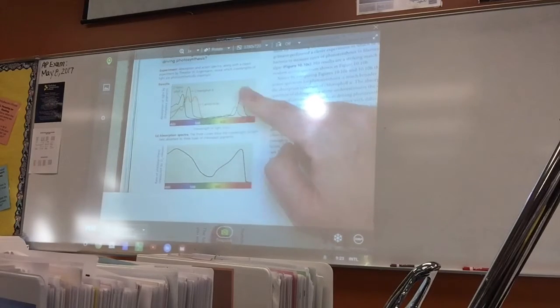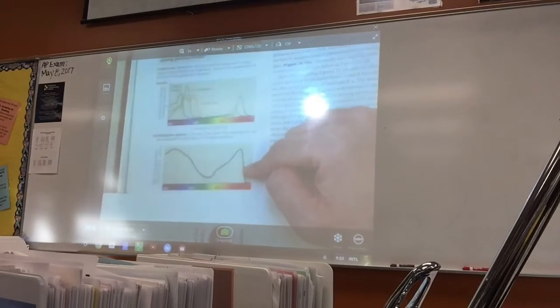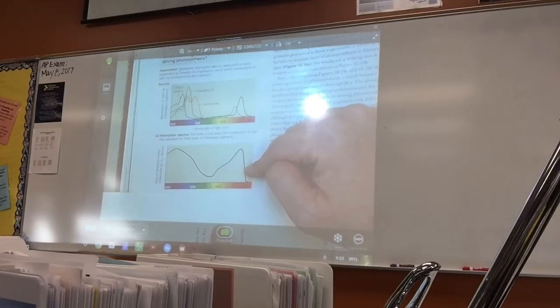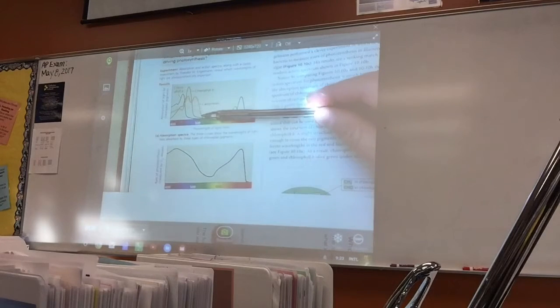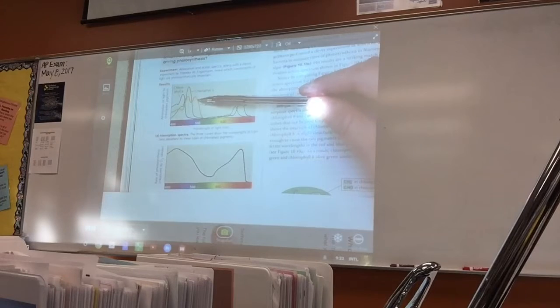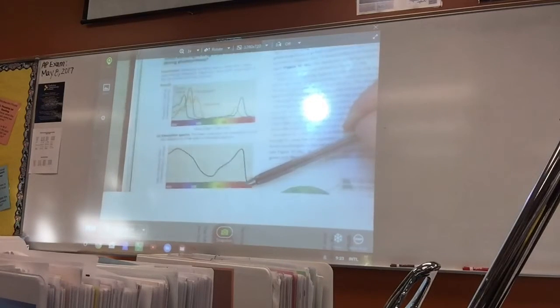How do these two graphs relate to one another? Michael? Well, the chlorophyll and the carotenoids are affecting the rate of photosynthesis. So when they're absorbing the most light, there's the most photosynthesis. And the carotenoids don't really seem to affect photosynthesis too much, because it peaks back up near the end, where it's not absorbing any light.